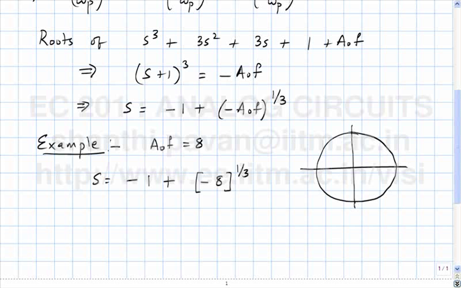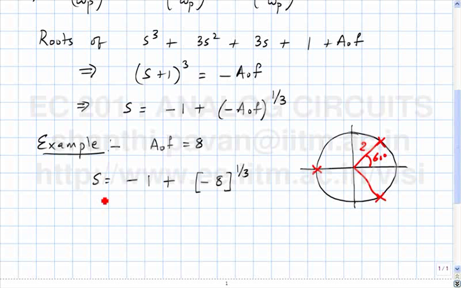One root is here. Where will the other 2 roots be? Here. And this angle will be 60 degrees. The radius of the circle is 2.